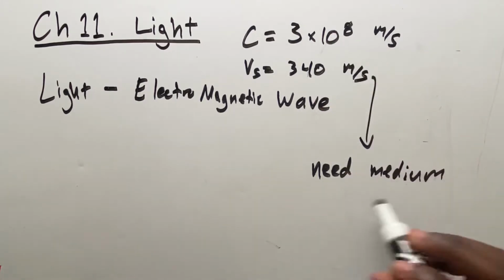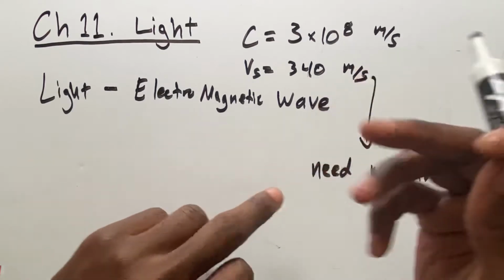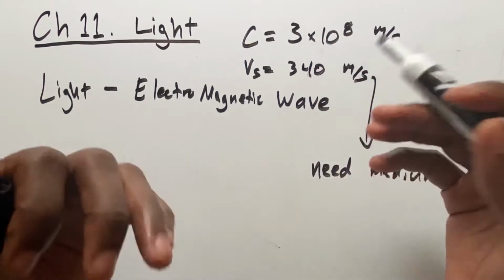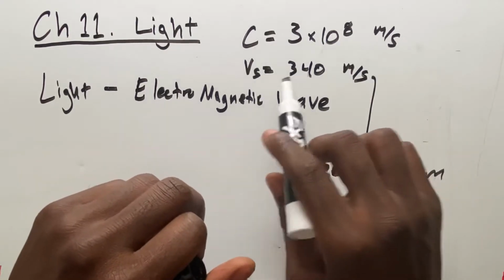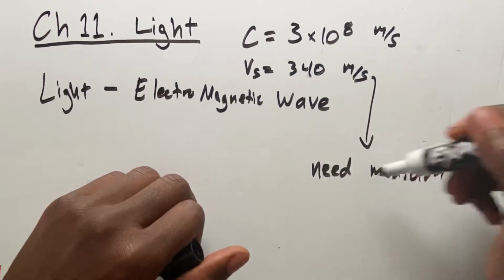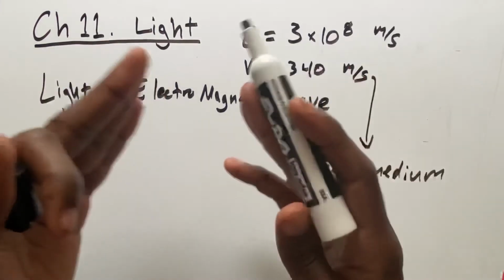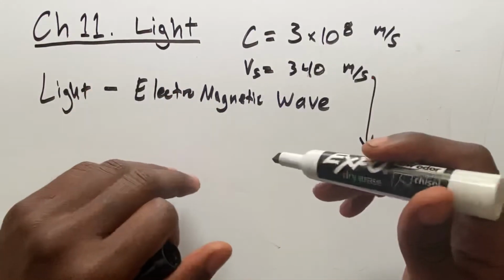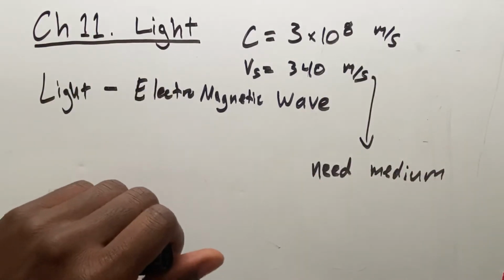That medium could be like air, water, steel, some type of medium. Sound needs some type of medium to basically travel in. So sound won't be able to travel in space or in a vacuum because there is no medium. It's just a vacuum. There's nothingness out there.